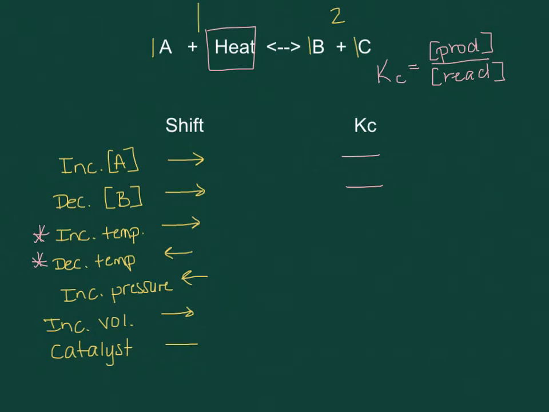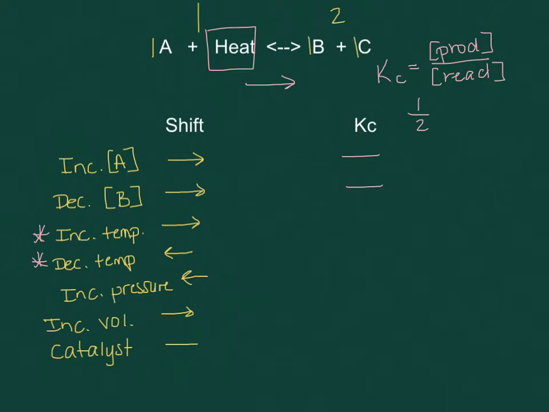So if I increase the temperature, I'm going to shift my reaction to the right. So I'm actually going to create more products. So my products are going to increase. So I can plug in some numbers to see what this looks like. I always like to start with 1 over 2. So 1 for my products, 2 for my reactants.